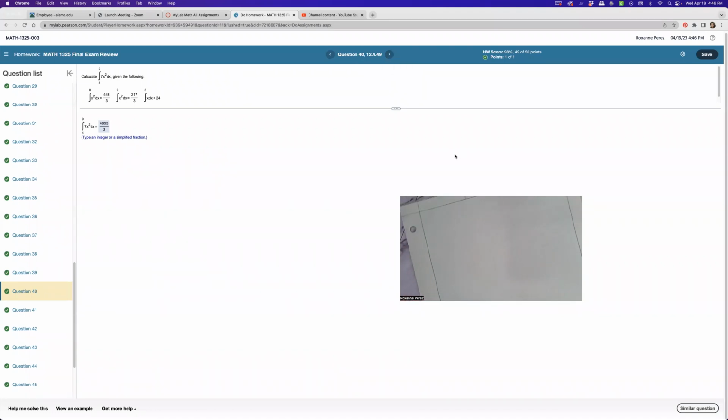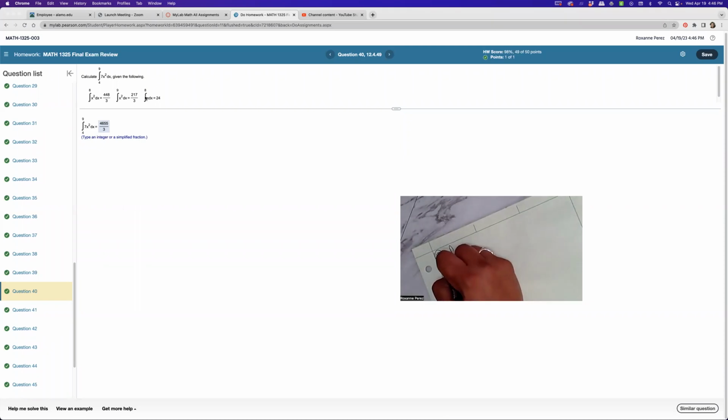In question 40, we're being asked to calculate the integral over a defined space. I don't like this mumbo jumbo. I don't even know if this was on y'all's homework. We've gone over how to do integrations with defined points.